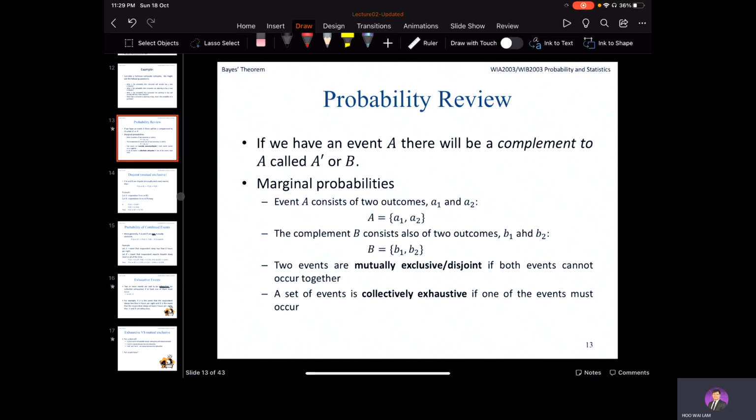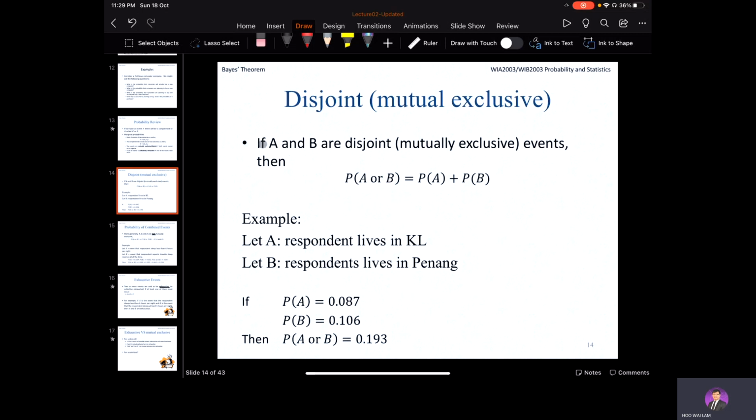We discuss mutually exclusive first. If A and B are disjoint, mutually exclusive events, then the probability of A or B equals the probability of A plus the probability of B. For example, let A be respondent lives in KL and B be respondent lives in Penang.